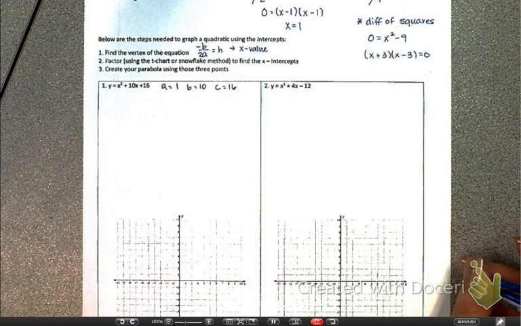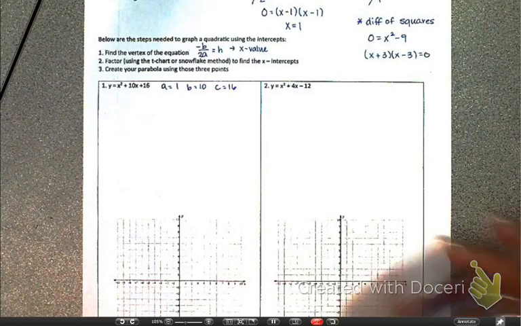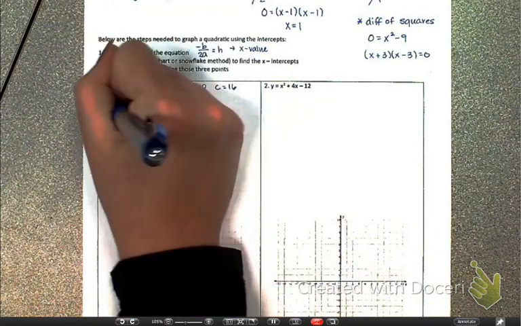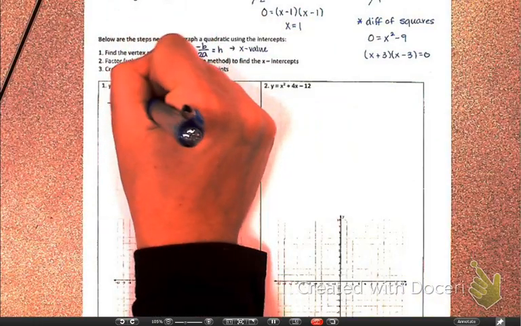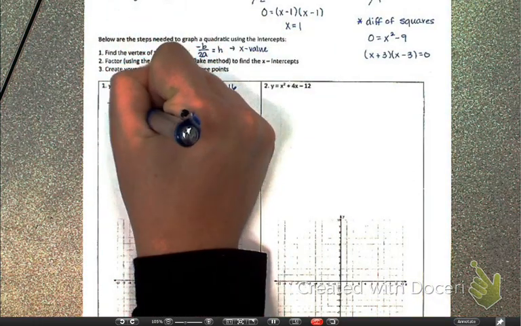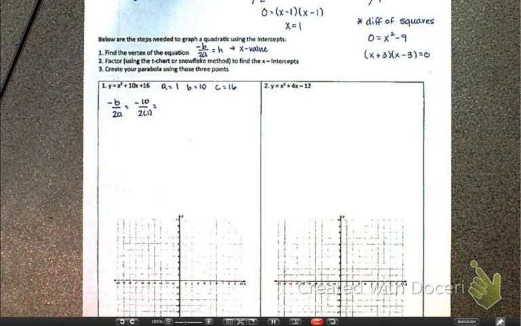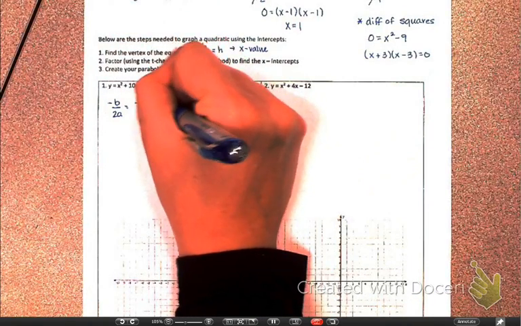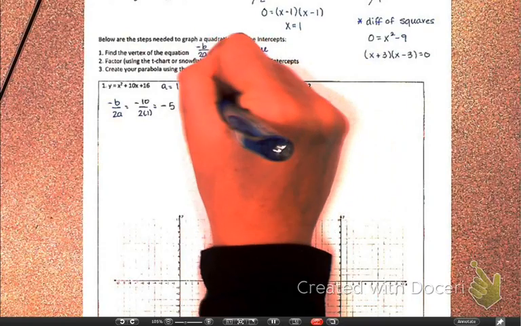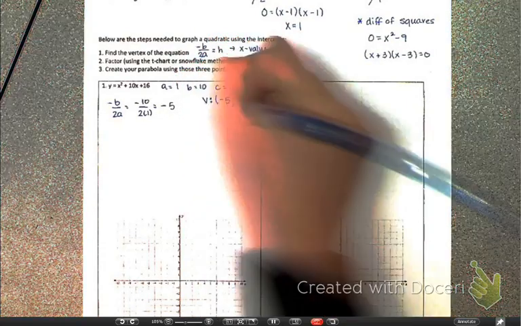Plus, all of you will be taking a final exam in a couple weeks, and we'll need to know those values. Okay, if I plug it into negative b over 2a, I get negative 10 over 2 times 1, which is 2, right? Negative 10 divided by 2 is negative 5. So the x value of my vertex is negative 5.